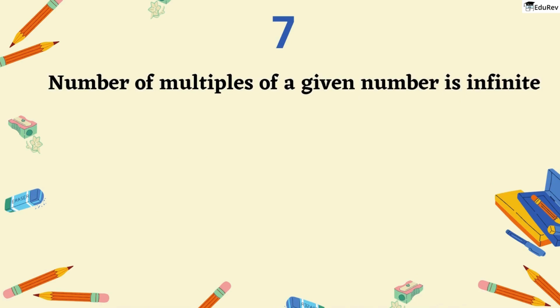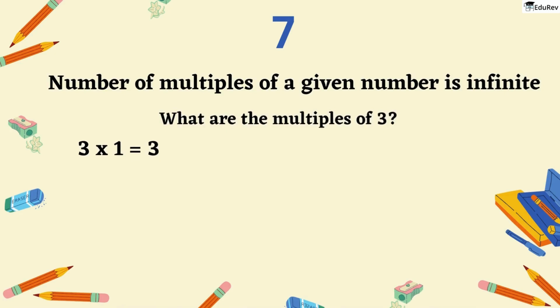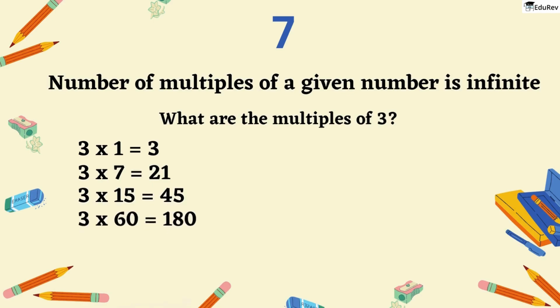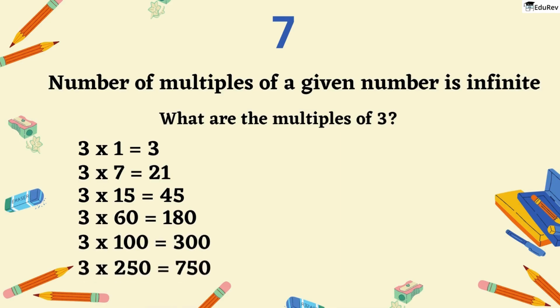Is it true? Let's see. What are the multiples of 3? 3 into 1 equals 3. 3 into 7 equals 21. 3 into 15 equals 45. 3 into 60 equals 180. 3 into 100 equals 300. 3 into 250 equals 750.